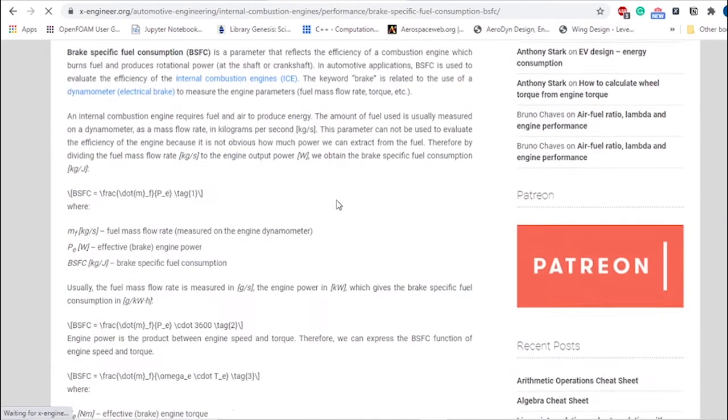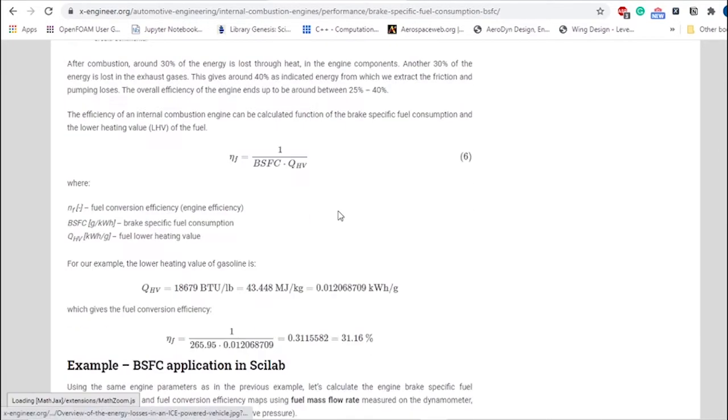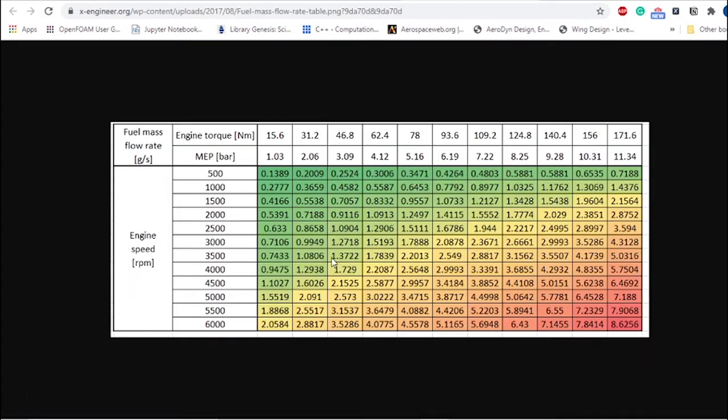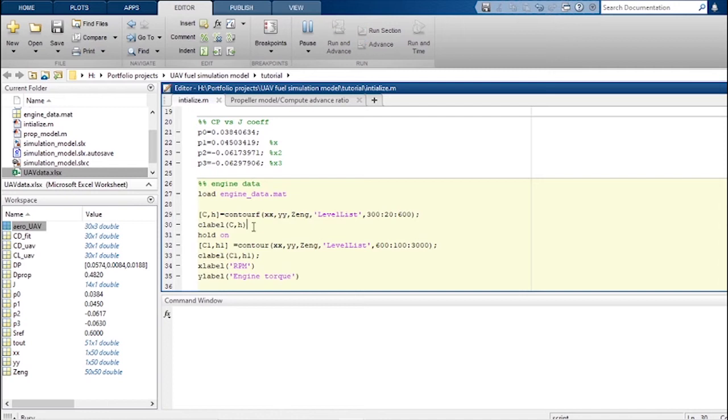This website has a representative value of a 4-stroke IC engine, and what I've done is I've scaled down these values to make it similar to a generic 2-stroke UAV engine. I'm currently loading this data onto the MATLAB workspace, and I can also quickly generate a contour plot to visualize our engine performance map.